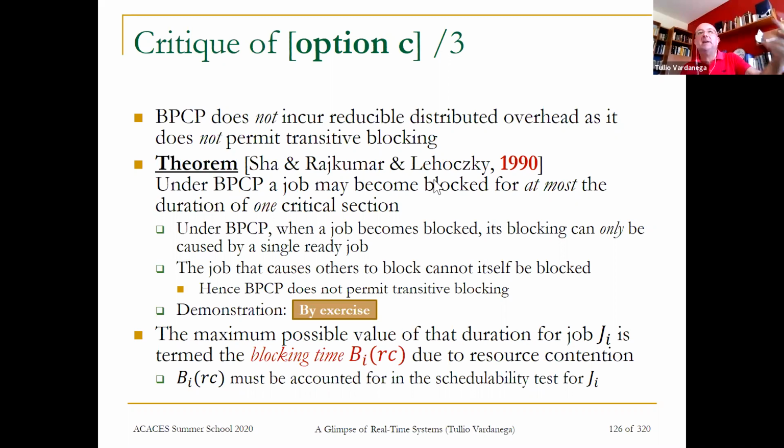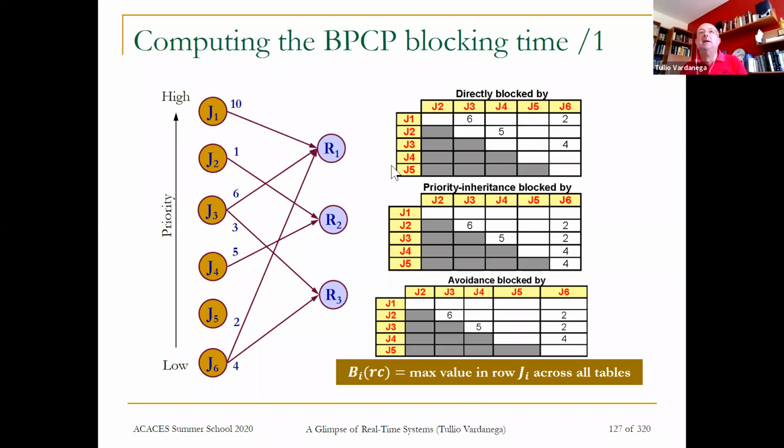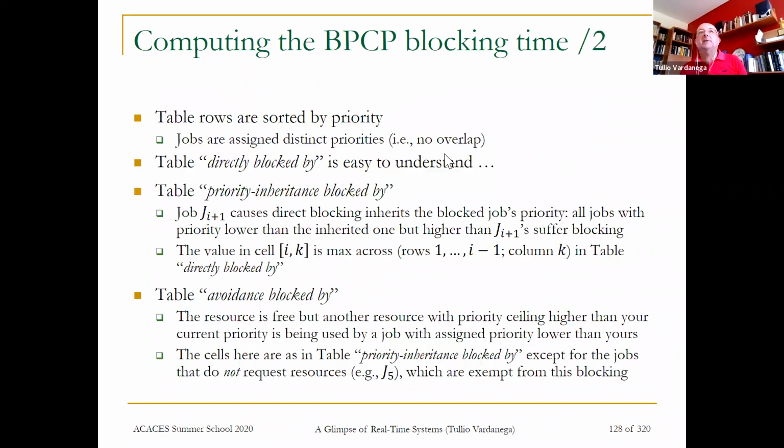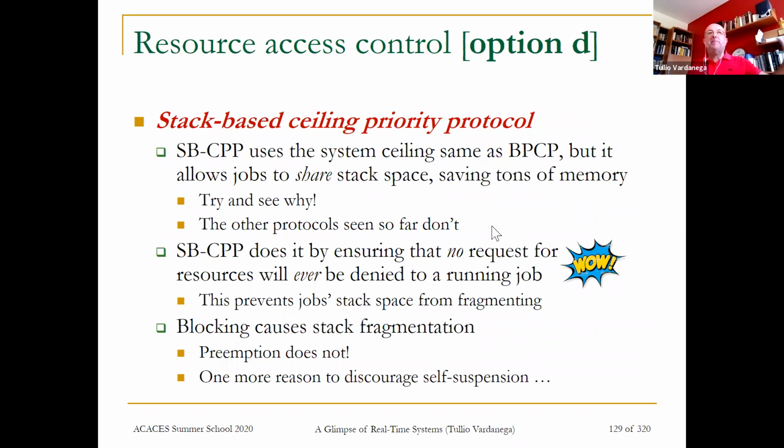So in the worst case it is that duration. So there is a way of calculating it. I'm not really explaining it. If you're curious to see how you calculate it, you try and decipher this slide. But the most important thing, and then of course there is an explanation so you can make sense of that and you don't really think badly of me, is: is that protocol good?